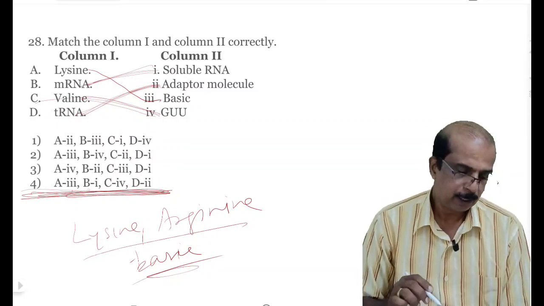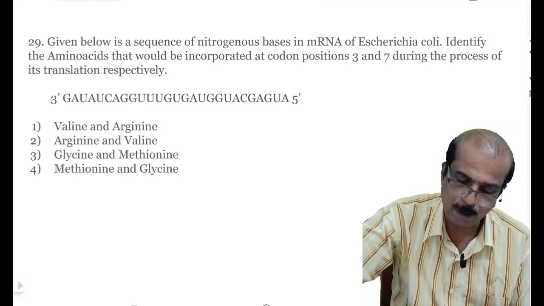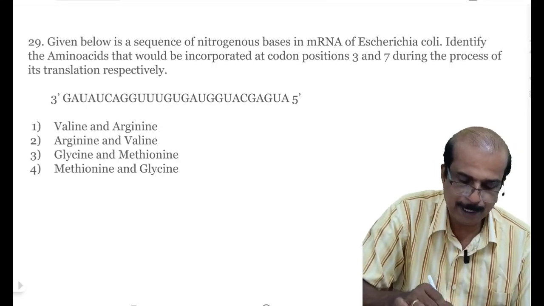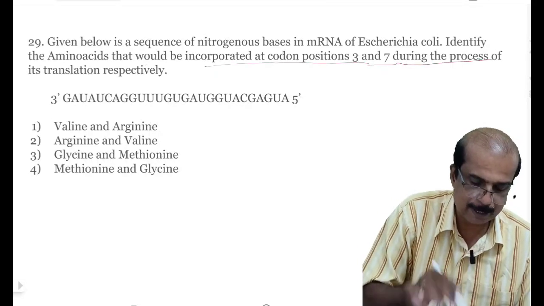29th question. Given below is a sequence of nitrogen bases in mRNA of Escherichia coli. Identify the amino acid that would be incorporated at codon position 3 and 7 respectively during the process of its translation.